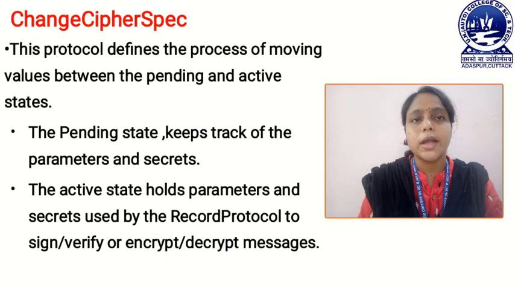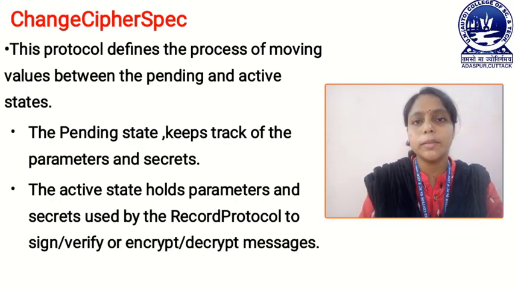This protocol defines the process of moving values between the pending and active state. That means this protocol discusses how the packet moves from the pending state to the active state. The pending state keeps track of the parameters and secrets, and the active state holds parameters and secrets used by the record protocol to sign or verify or encrypt or decrypt the message.